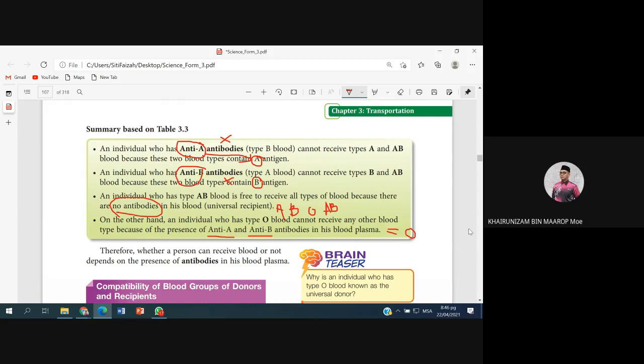So the AB blood type we call universal recipient because it can receive from A, from B, from O, and from AB as well.